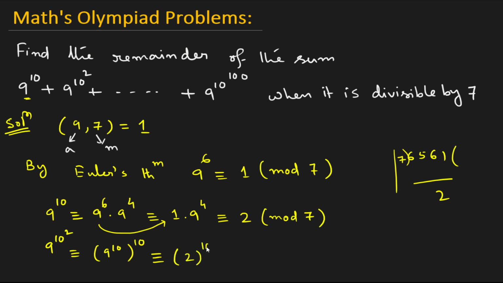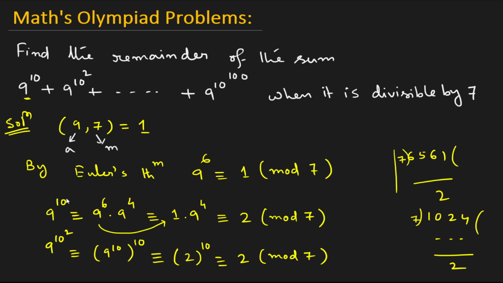So 2 to the power 10. How much is 2 to the power 10? 1024. Again, if we divide it by 7, you just check it, you will get 2 as the remainder. So it will be congruent to 2 modulo 7. I'm showing only 2. You can find others also.